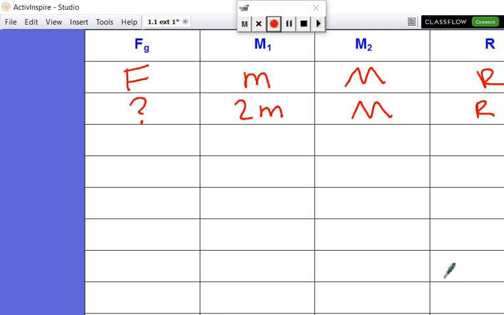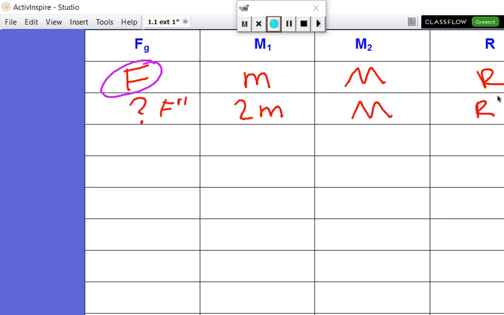What will be the relation between the new force, let's call it F prime, and the original one?